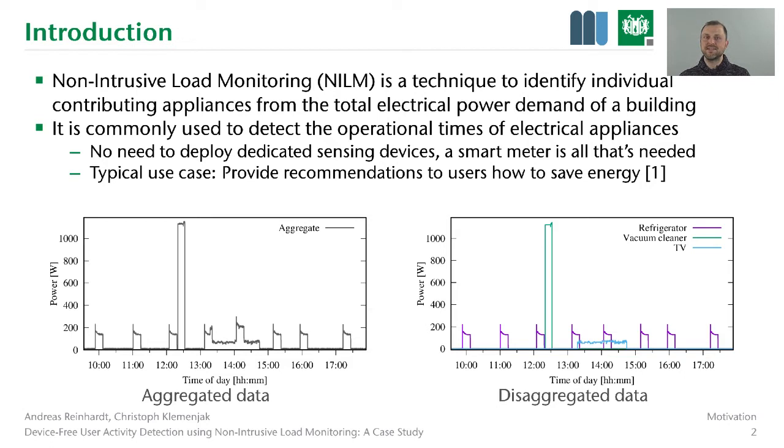On the left-hand side, there's a depiction of the household total, like the aggregate consumption. And on the right-hand side, you'd see it separated by the three appliances that were operative.